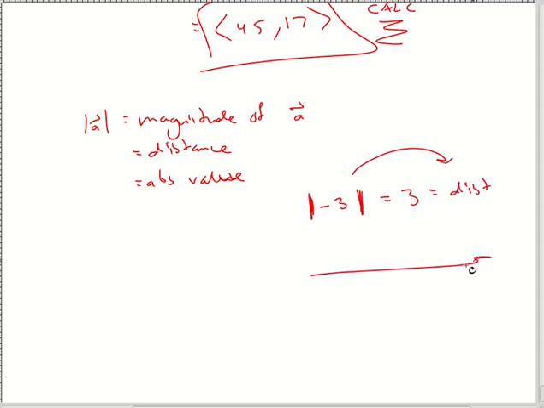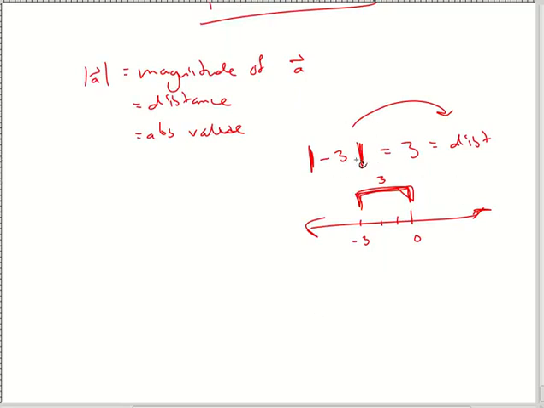Let me prove it to you. What if I had 0 over here, 1, 2, and there's negative 3. What's the distance here from the origin? That distance is 3, isn't it? A 3 distance from negative 3 to 0. So that's what I'm finding here. This is actually a distance for the absolute value.